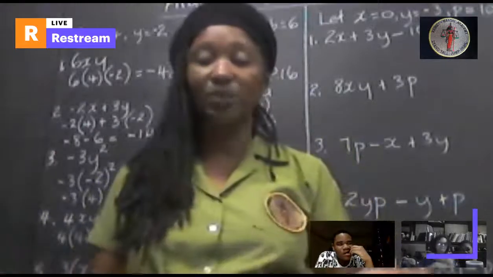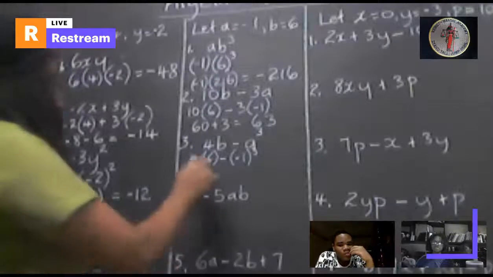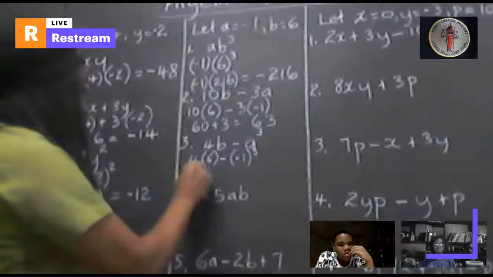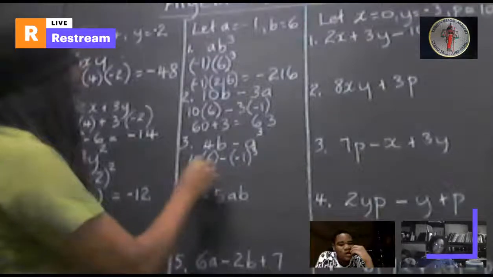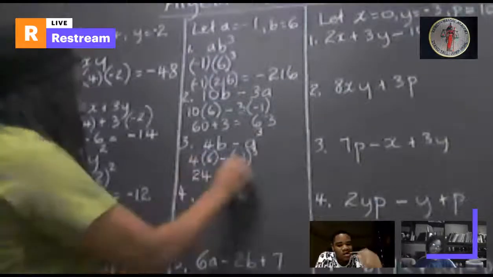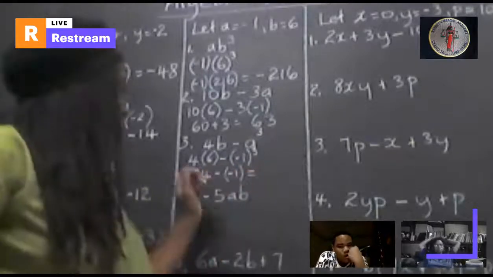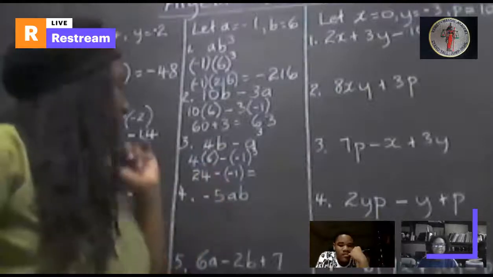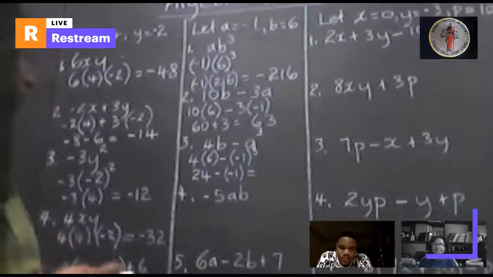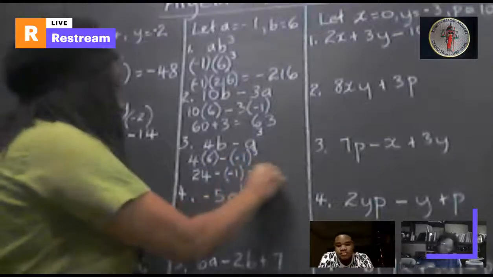So 4 times 6 is 24. And 24 minus negative 1 is the same as 24 plus 1, because the negative and the negative make it positive. That's 25.